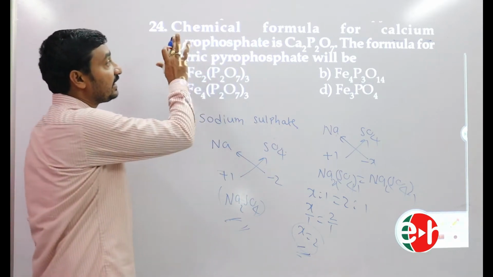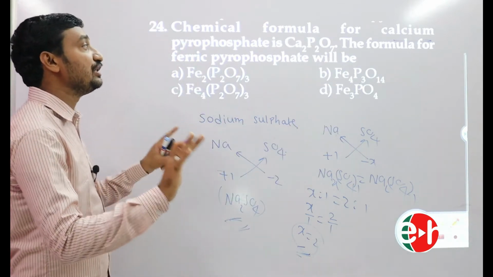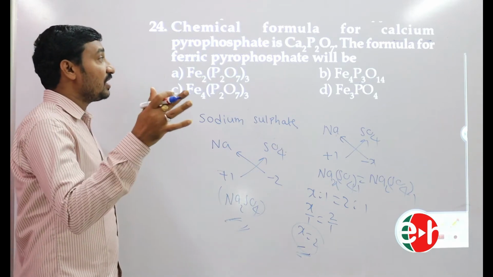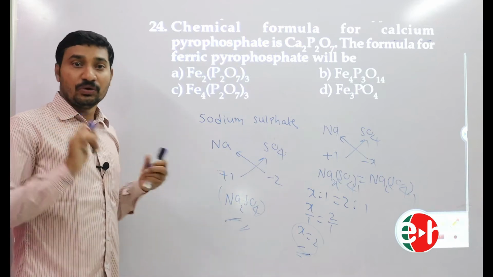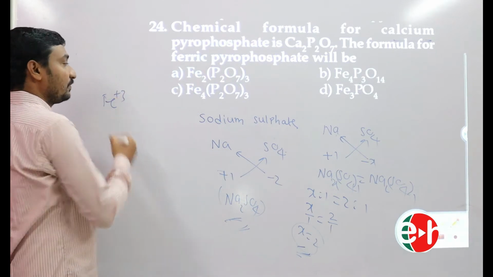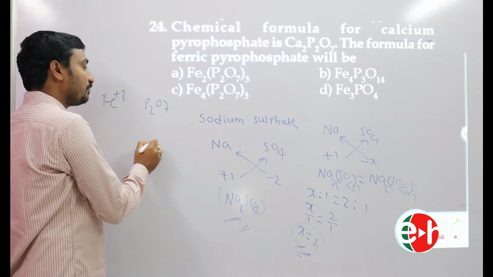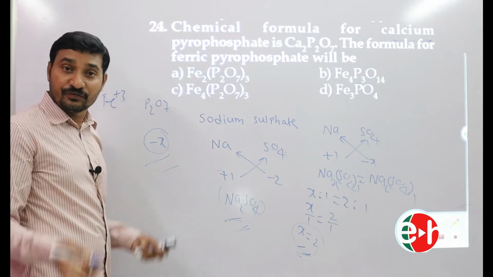In a similar way, the same concept you can apply here. Given: the chemical formula for calcium pyrophosphate, Ca2P2O7. Asked: the formula for ferric pyrophosphate, which we don't know. The ferric ion we know is Fe3+, but the charge on pyrophosphate we don't know.